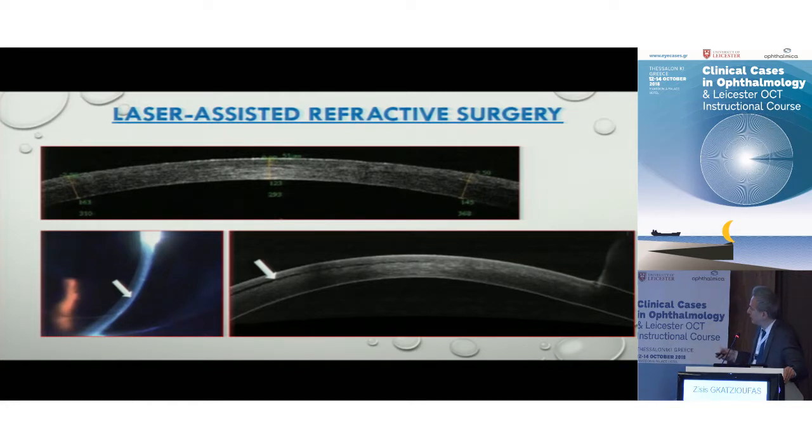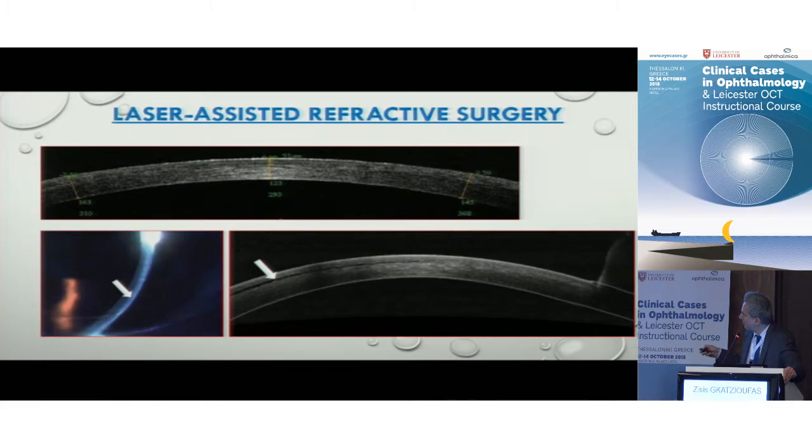Now, in laser-assisted refractive surgery, of course, we can measure the flap thickness or the residual stromal bed thickness, but this is something that we're not doing routinely. We mostly use anterior segment OCT when we have issues with the patients, such as in this patient.